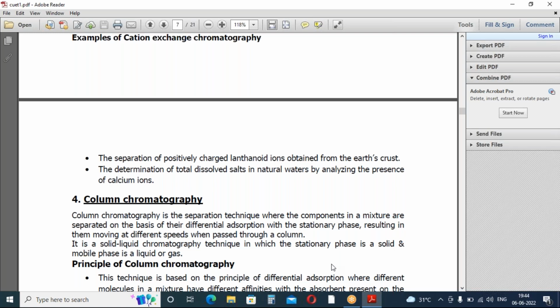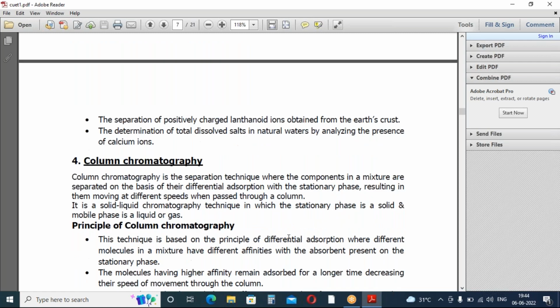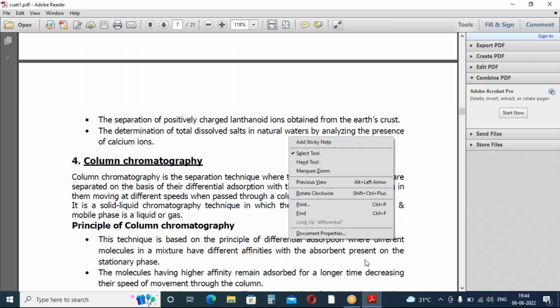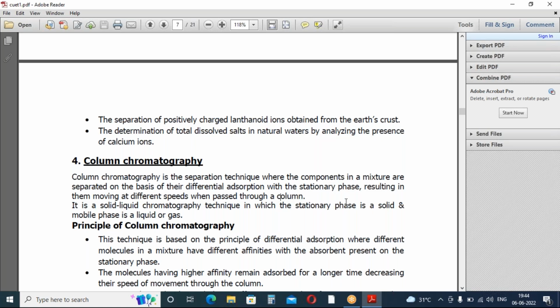Okay, and what is the principle? This mainly depends upon the adsorption, that is, upon the different affinities with the adsorbent present on the stationary phase. Here the mixture containing different types of components can be identified or separated.